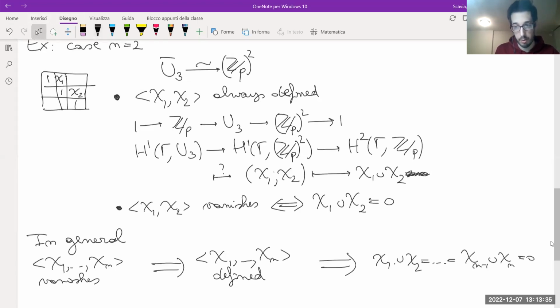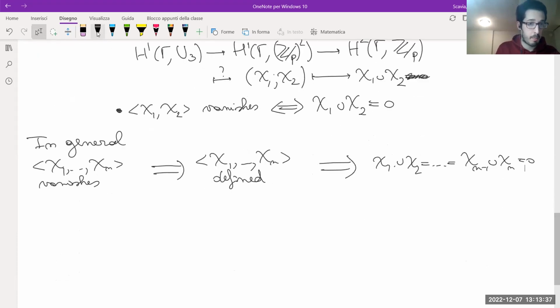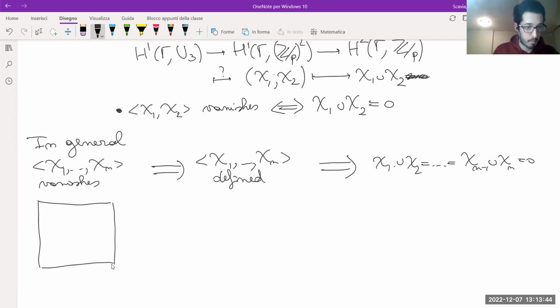But I want to add an extra picture here. So what does it mean? Just to remind one more time, what does it mean that the Massey product vanishes? It means, so here we have our chi-i's. We can put them in the first upper diagonal. And now the Massey product of chi1, ..., chi-n vanishes if we can fill all the other entries so that the whole thing becomes a group homomorphism from Γ to U(n+1).